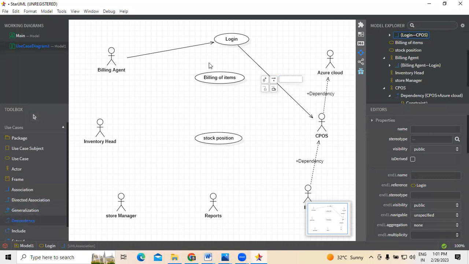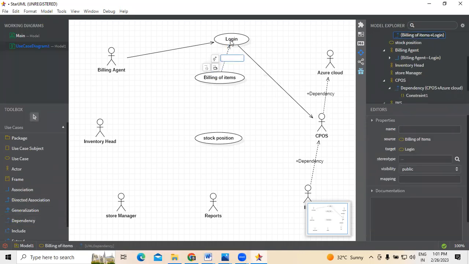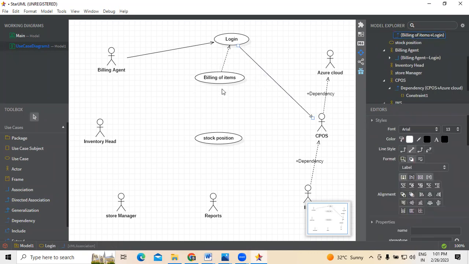So there is a dependency. If you want to do billing and all, dependency is login. Because unless the login process is completed, this billing of items can't be done by the billing agent here. So once login process is completed, then only the billing items has to be done. Right? So that is what we have to do.